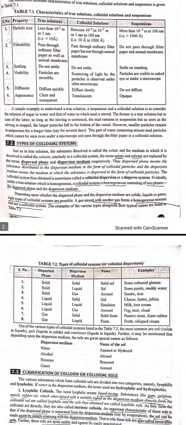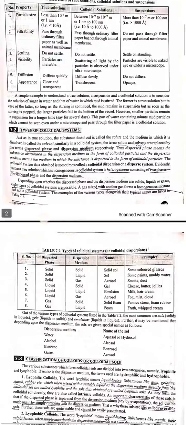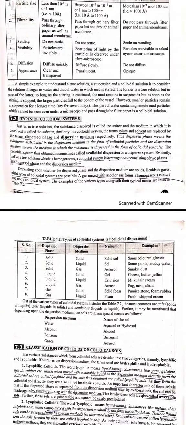However, smaller particles remain in suspension for a longer time, say for several days. Then this part of water containing minute mud particles which cannot be seen even under a microscope and pass through the filter paper is a colloidal solution.